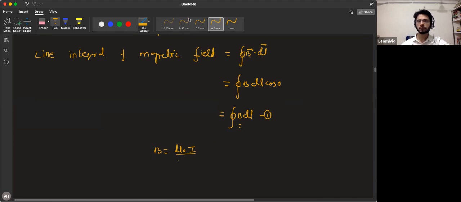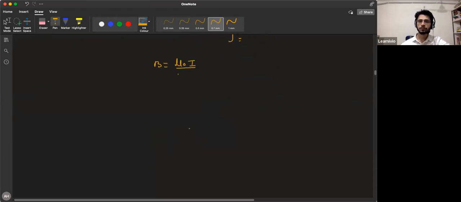Yashika, magnetic field due to a long wire. Mu naught I by 2 pi r. Mu naught I by 2 pi r.